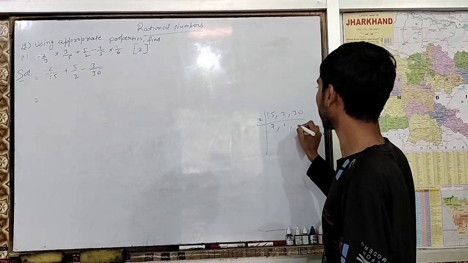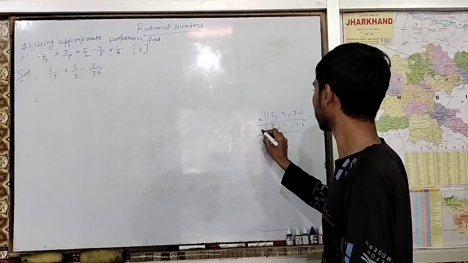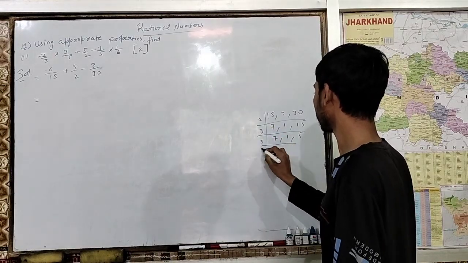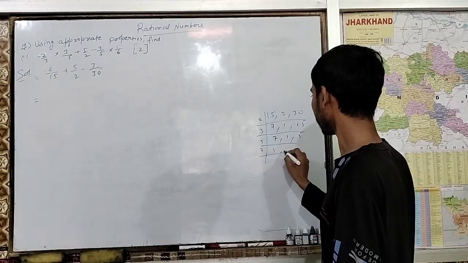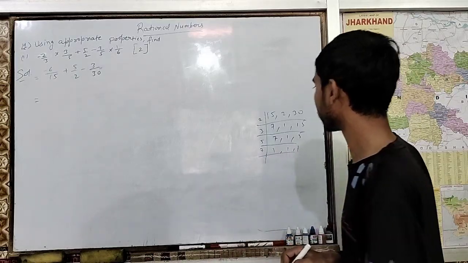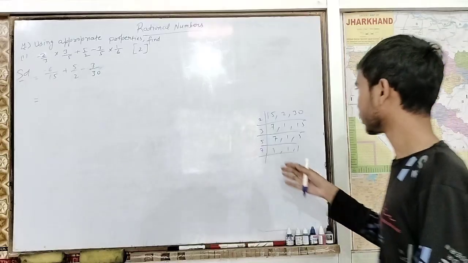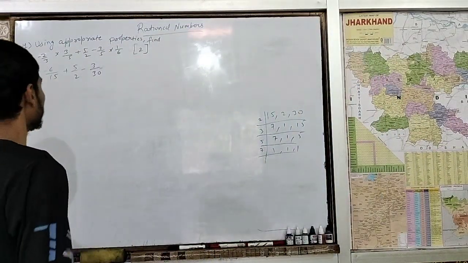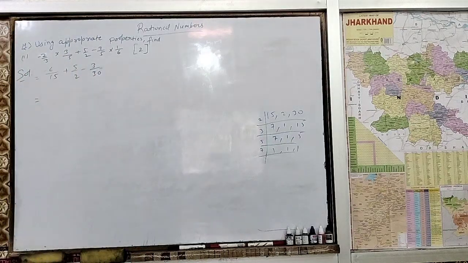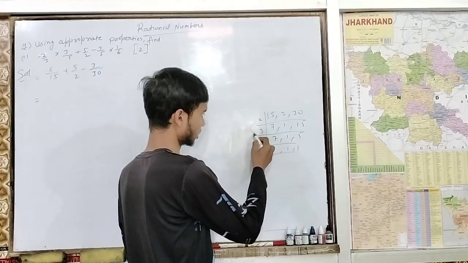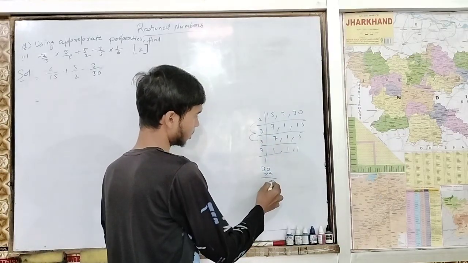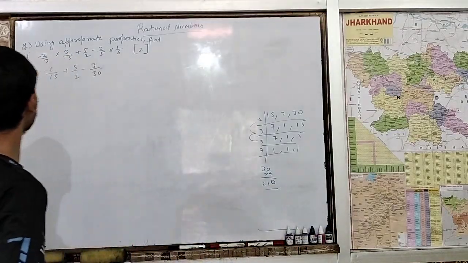2 sevens are 14, 2 ones are 2, 15 twos are 30. Then 3 fives are 15, 5 7s are 35. Look here. 3 2s are 6, 6 5s are 30, and 35 is 35. 2 3s are 6, 6 5s are 30, 30 7s are 210.